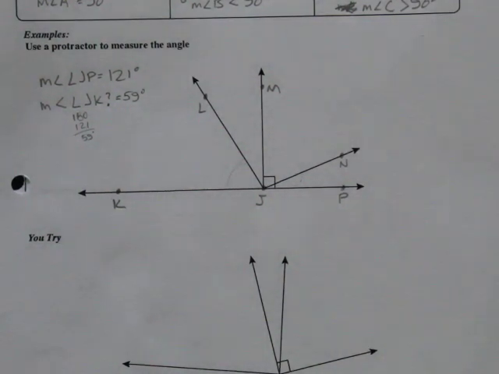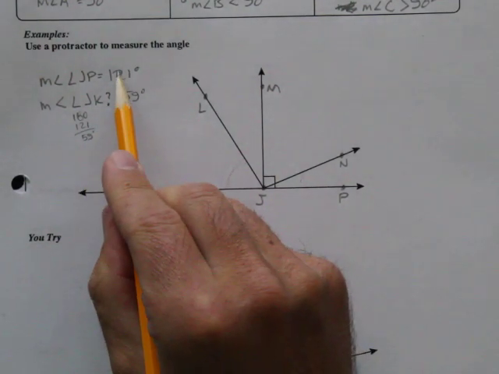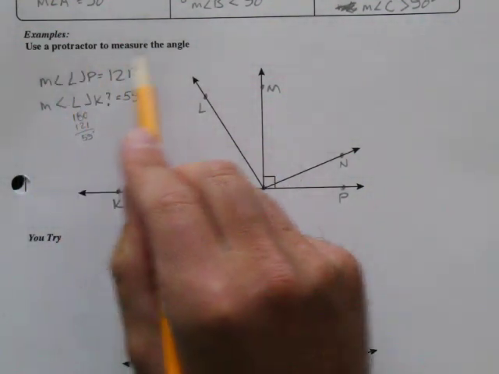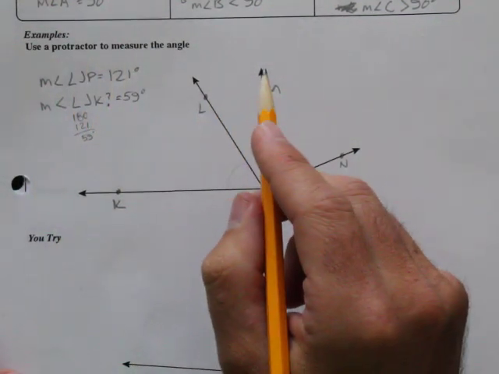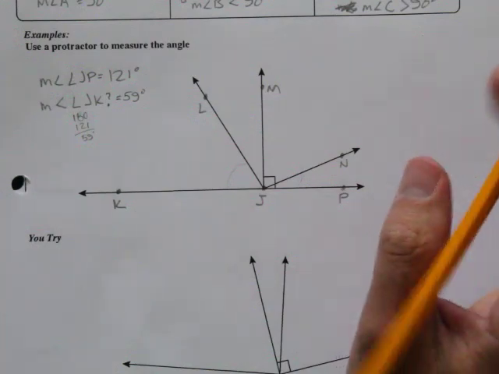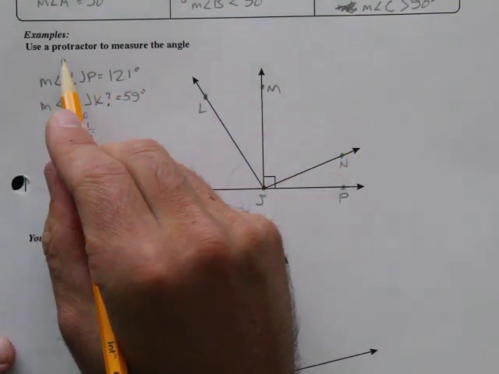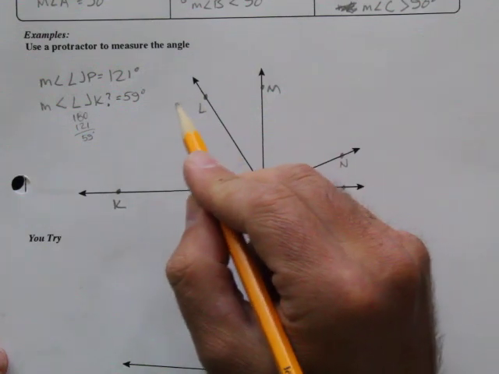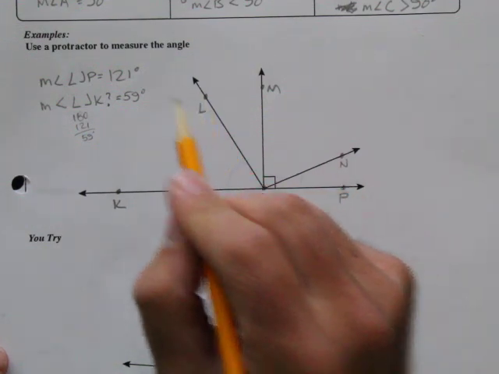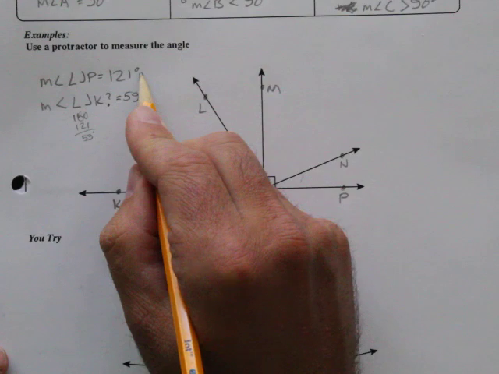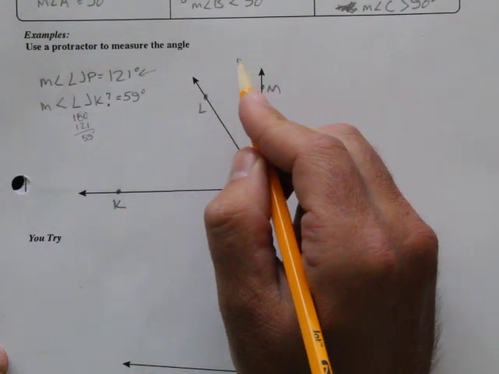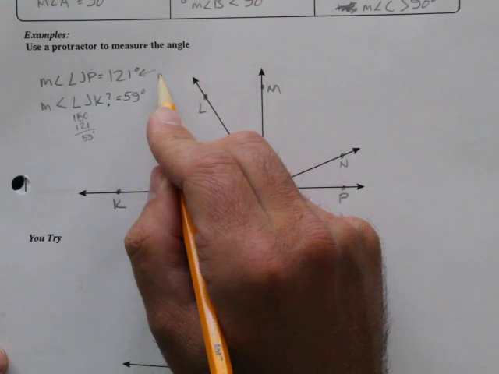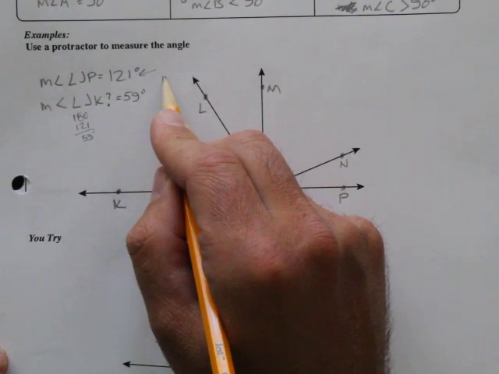Okay, now we have to decide. I gave you all this information here. Now, is this angle, 121 degrees, right, acute, or obtuse?